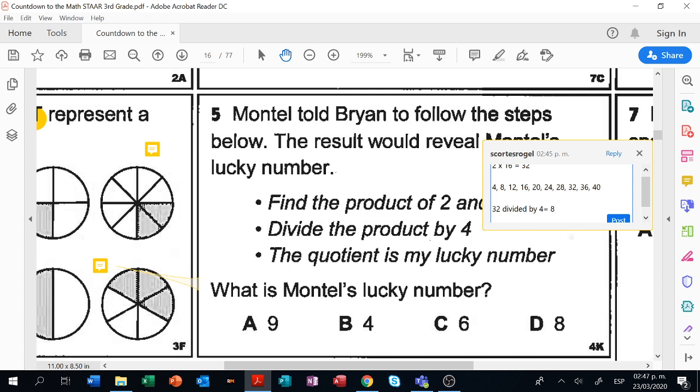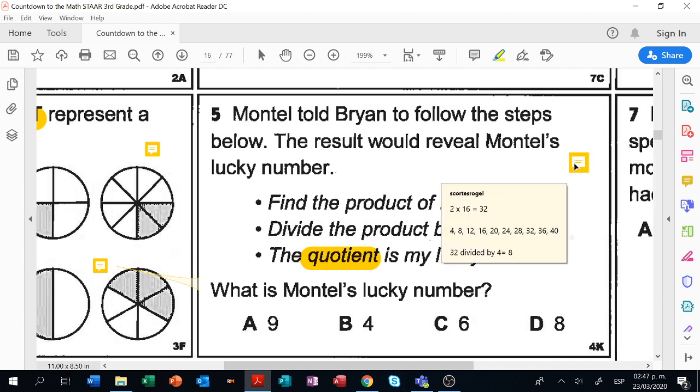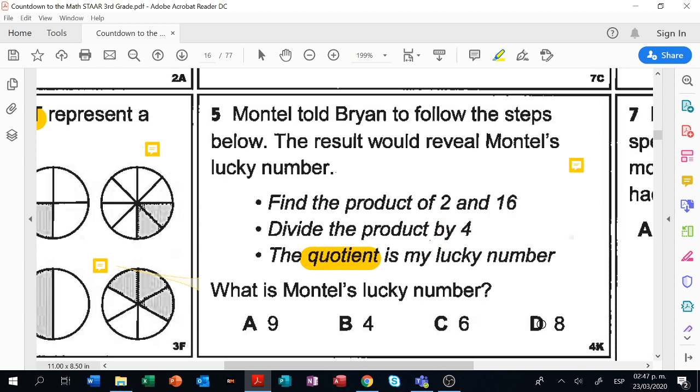So 32 divided by 4 equals 8. And it says the quotient, let me just highlight that. The quotient is the answer to a division, okay? So if I know that 32 divided by 4 equals 8, that means that my quotient is 8. So it should be right here.